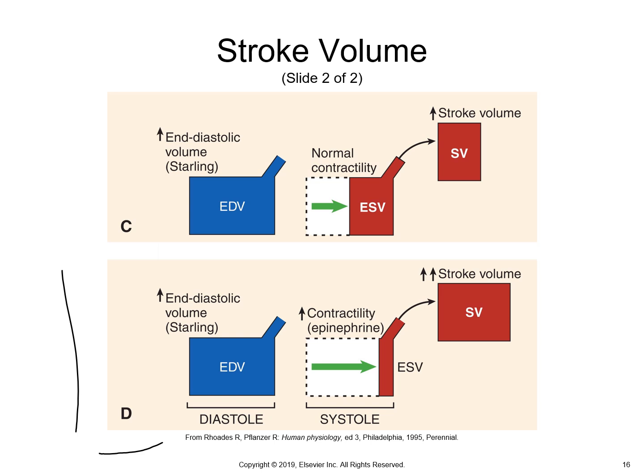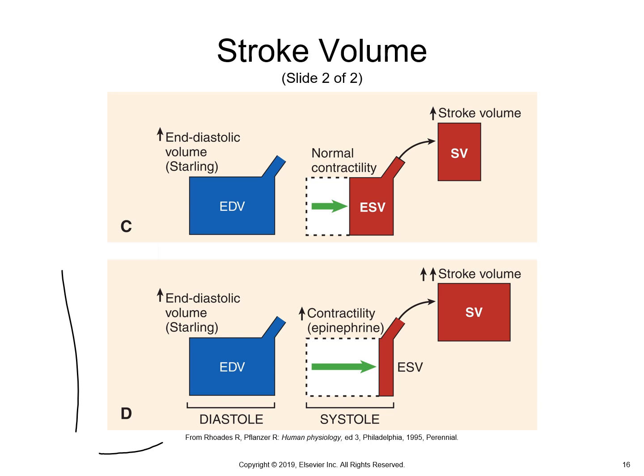Diagram C was just explaining Starling's law, which basically says when more blood fills the heart, the muscle is going to stretch more, and that stretch is going to lead to a stronger contraction, meaning it's going to pump out more blood and increase the stroke volume. So again, that's called the Frank-Starling mechanism, which means more blood in, more blood out.